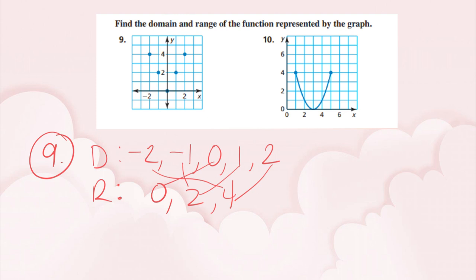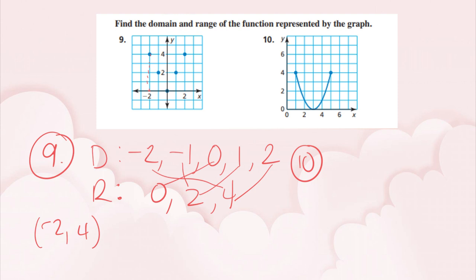All right, what about number 10? Why would -2 go with 4? Because you go over -2 and then you go up 4, no? So that's going to be -2 and 4. So y is my output, which is 4, and my x is -2.